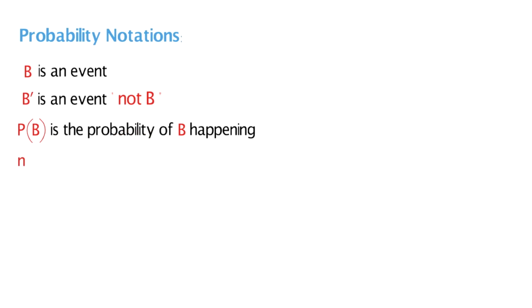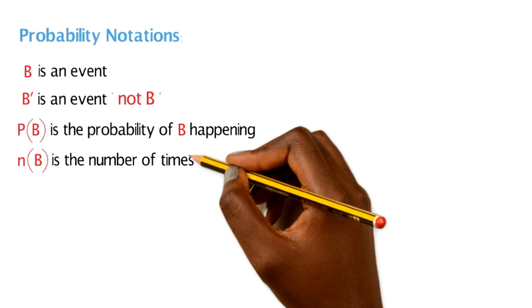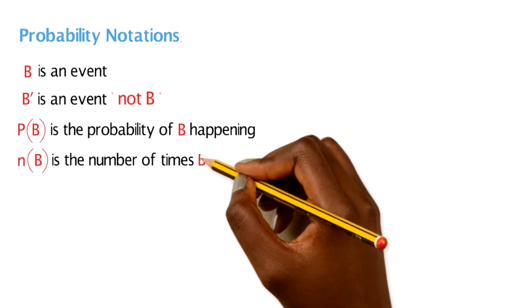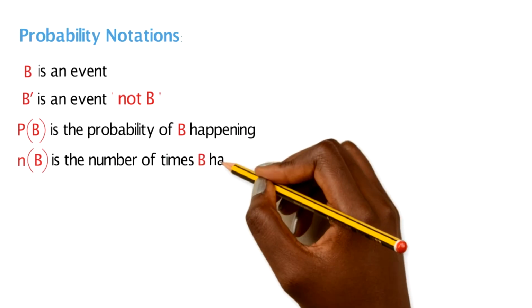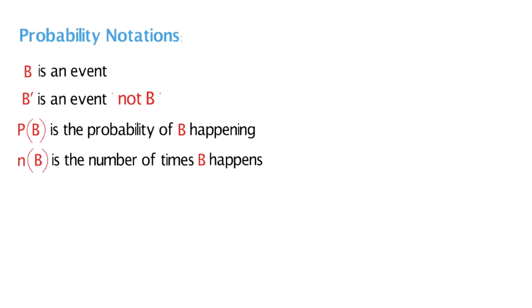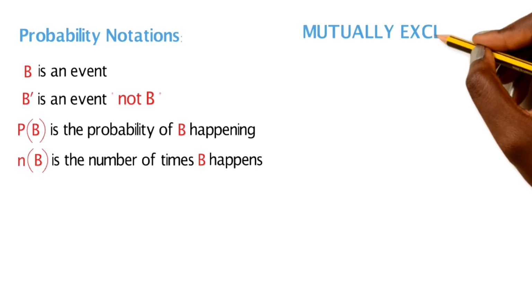And if you have N brackets B, it's not the probability, but N is representative of the number of times that B occurs. So remember, there's a difference between the number of times and the probability of it happening, because that's the number of times in total.